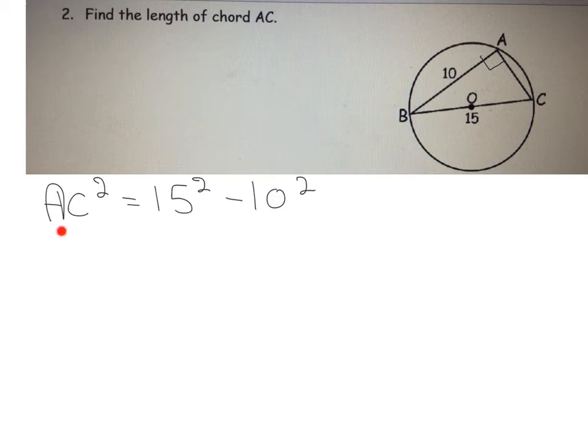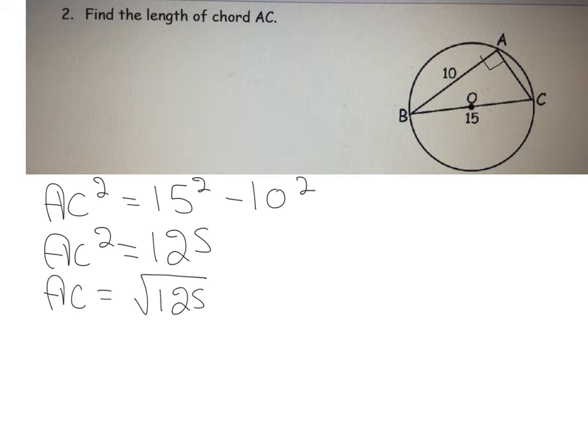So AC squared, this side here, is equal to 15 squared, which is our longest side, take away 10 squared, which is the short side we've been told about. So AC squared is equal to 125, but I don't want AC squared, I need AC, so we're going to have to use square root to find AC.